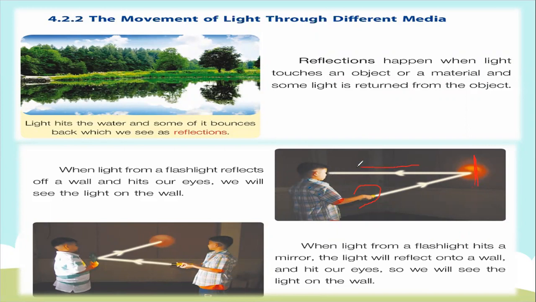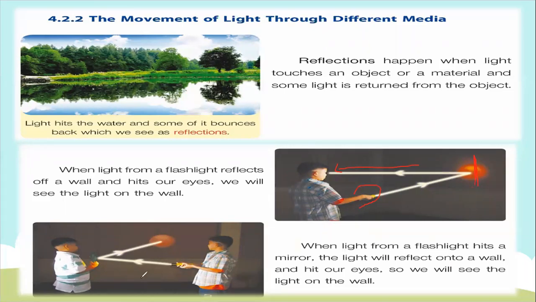With the same angle, it came back. The light comes out of the flashlight, hits the wall and then bounces back. This is reflection. So we see the light on the wall.